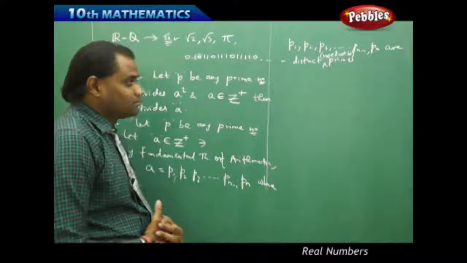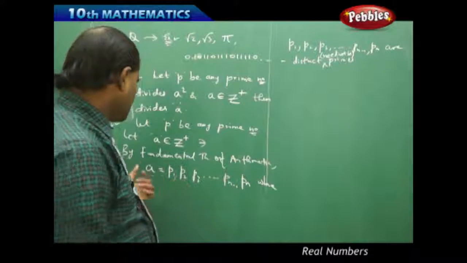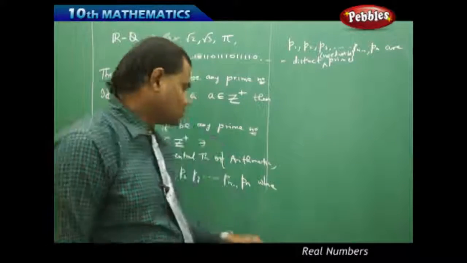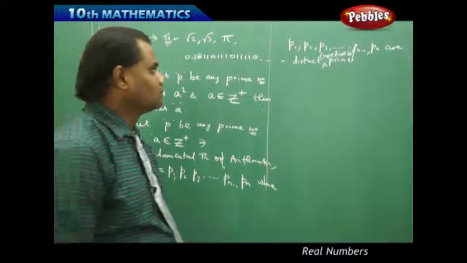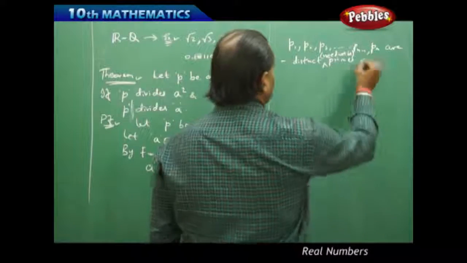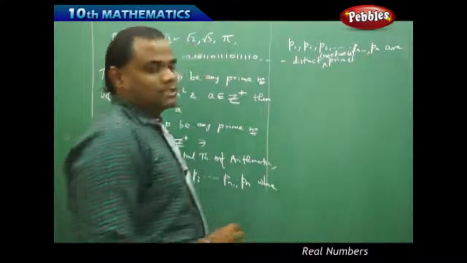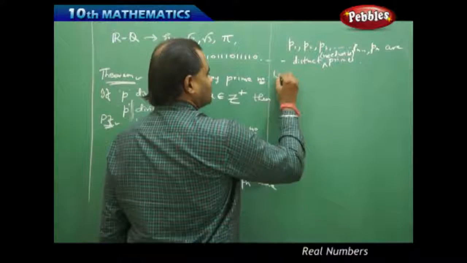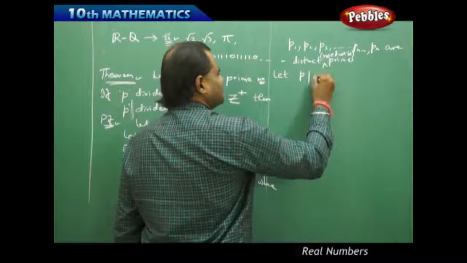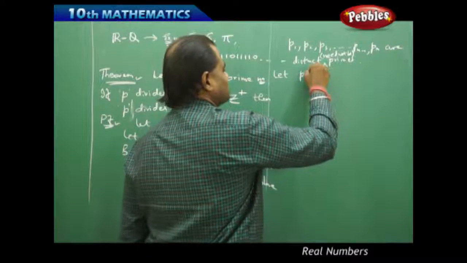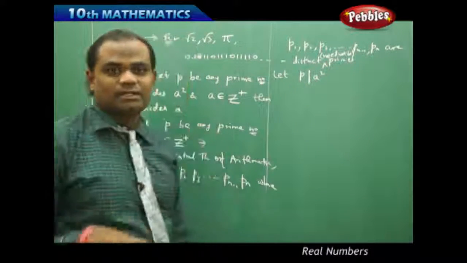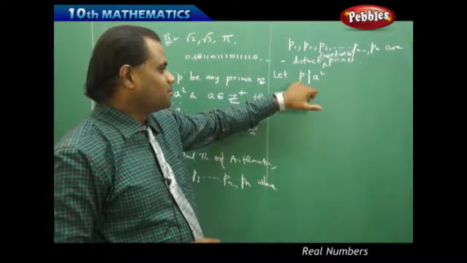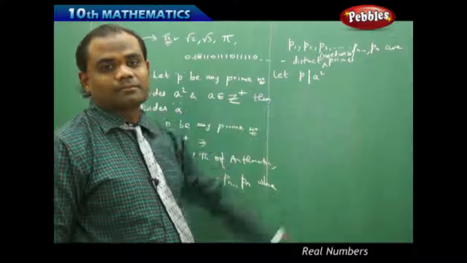For these primes, a can be expressed as p1 times p2 times p3, and so on till pn. Now using this, my statement says that if P divides a square, so let P divide a square. Divides is the symbol I use, a straight line, so this symbol indicates that P divides a square.